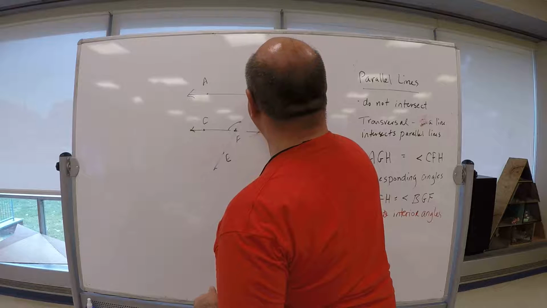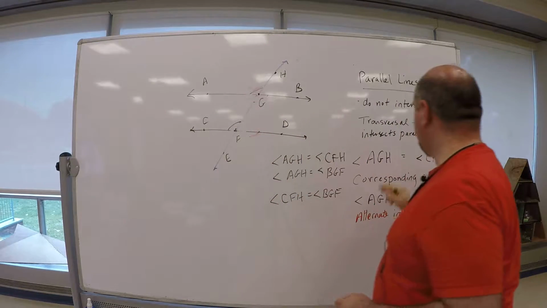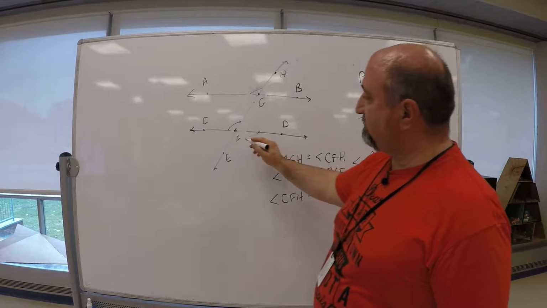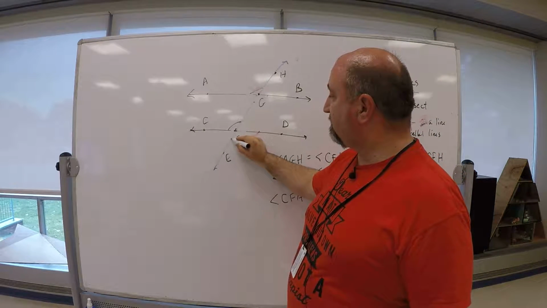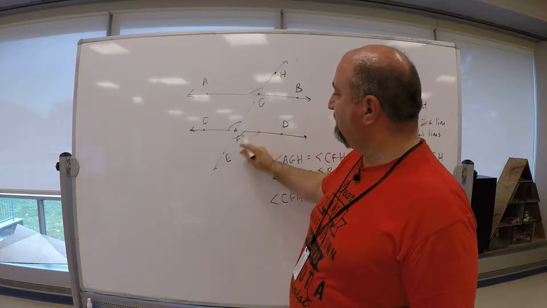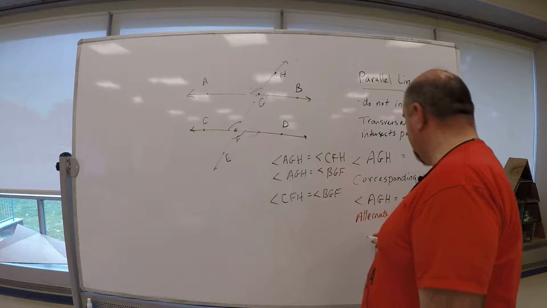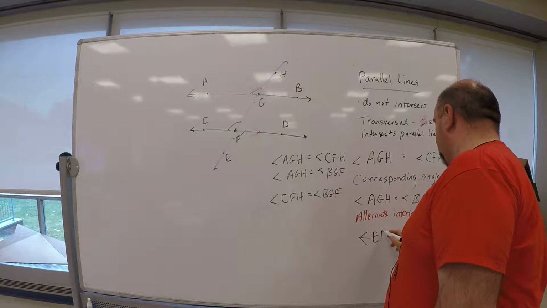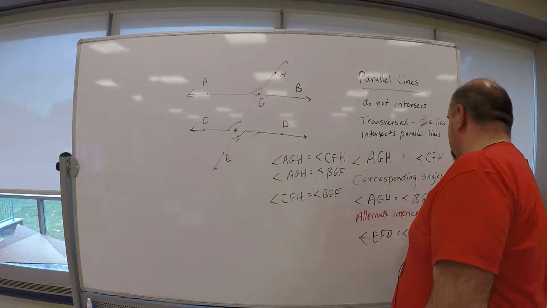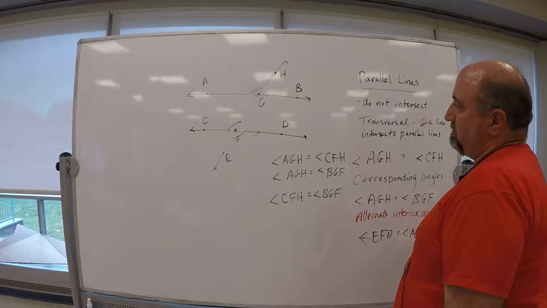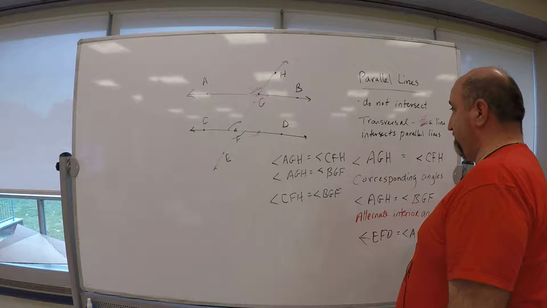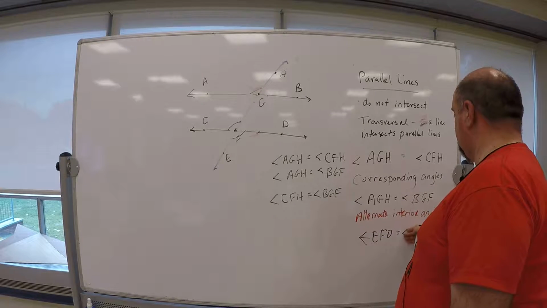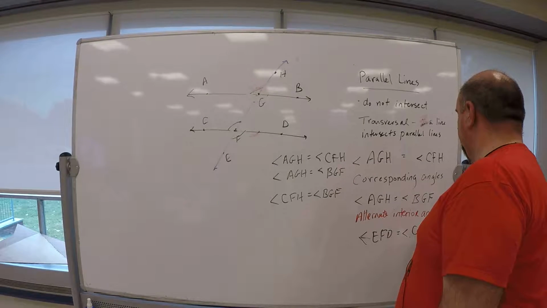So if we have our original corresponding angles, AGH and CFH, we can also see that these vertical angles down here are equal. So angle EFD is also equal to angle... no, sorry, not BGF, CFH.